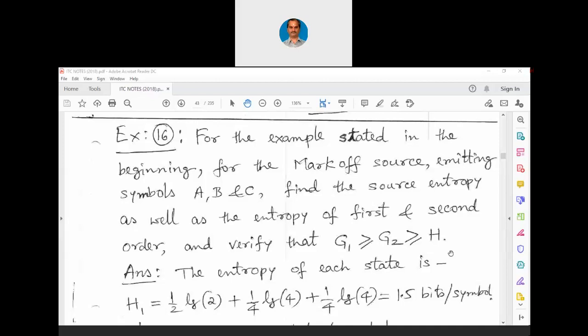That means we can really conserve the bandwidth. Whenever an information source has statistically dependent symbols, it is always a good idea to send a larger message or a larger sequence such that the net information content per symbol is reduced. That is the idea there.